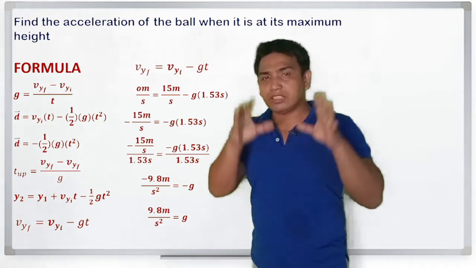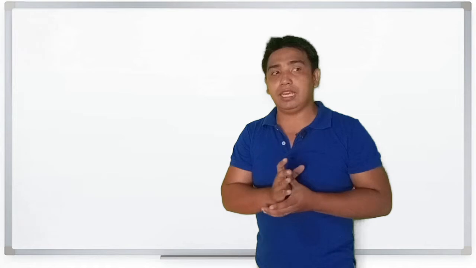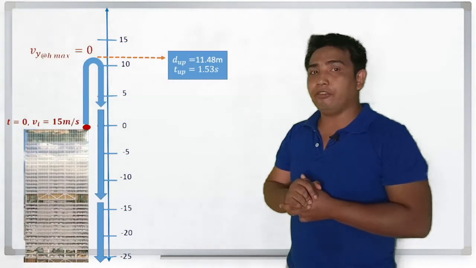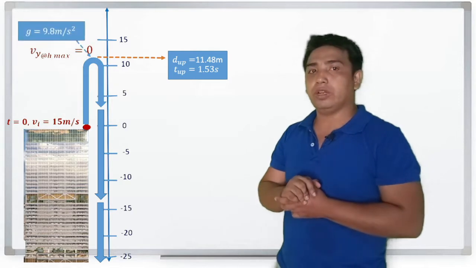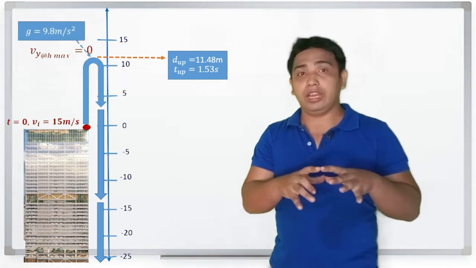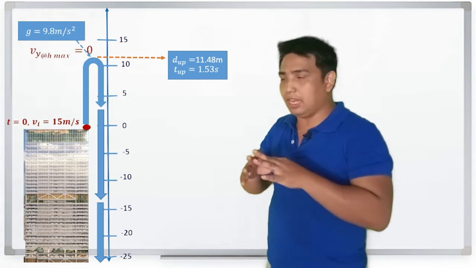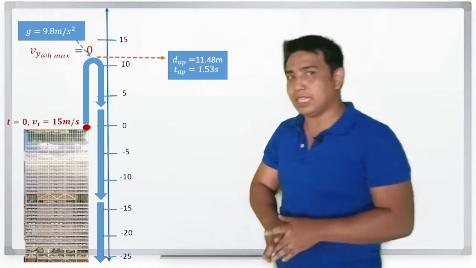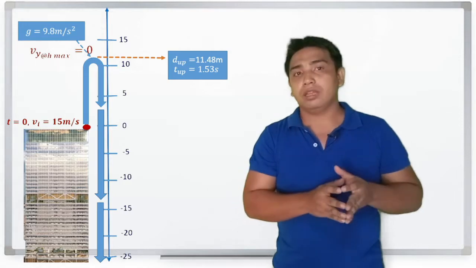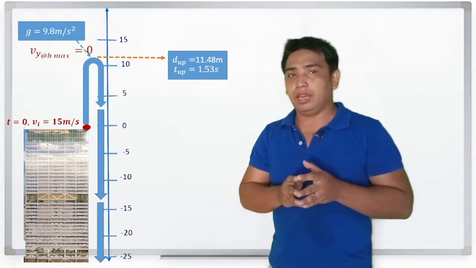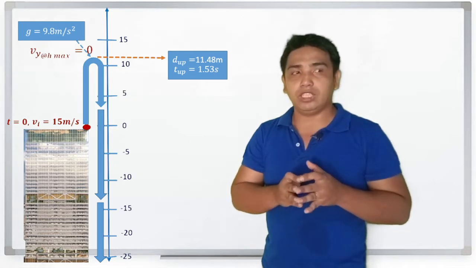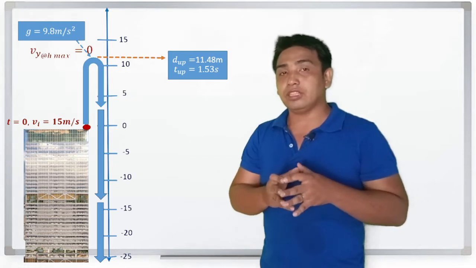Alright, so the acceleration of the ball at this point in time is positive because of the direction of the ball. Alright, so here the ball is what we are talking about. It's not the acceleration of the earth, it's the acceleration of the ball. Alright, and at this point in time it matches the acceleration exerted by the earth.